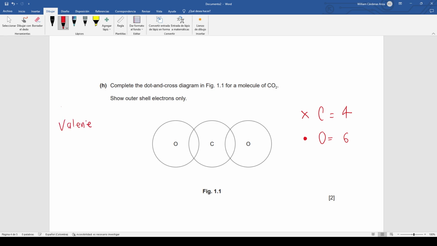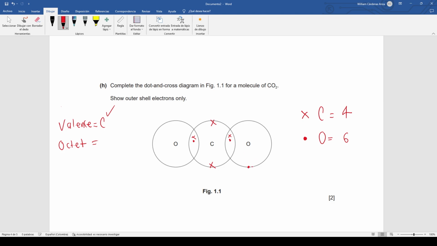Now let's start with valence and octet. So in the valence, carbon has 4 electrons. So at least one of these electrons from the carbon is being shared with oxygen. So at least one. And let's complete the valence. So we have 4 electrons in the valence. So valence for carbon is correct. Now, in the oxygen, we have 1 here that is being shared.